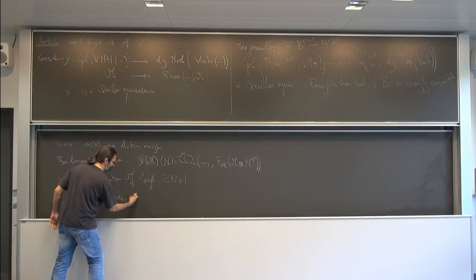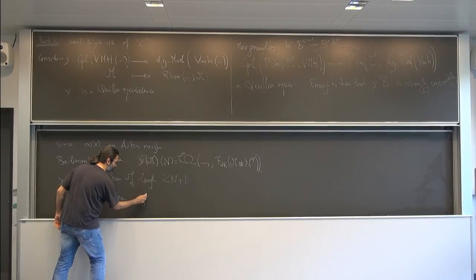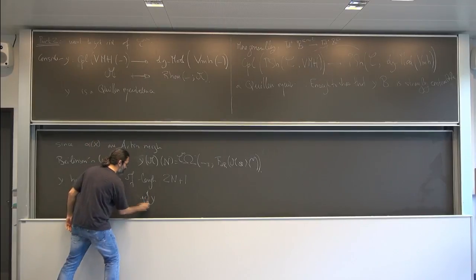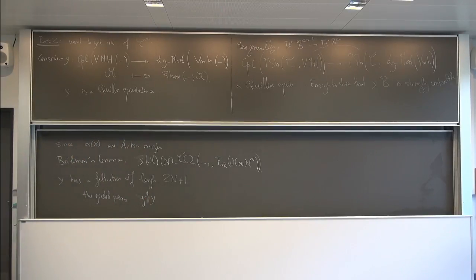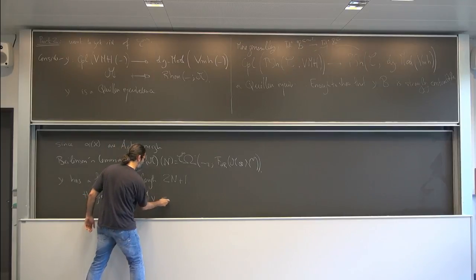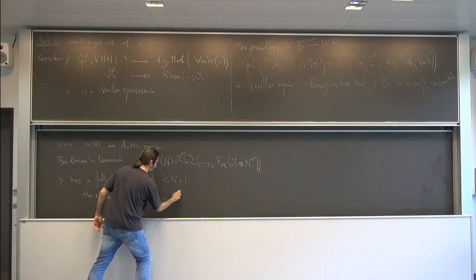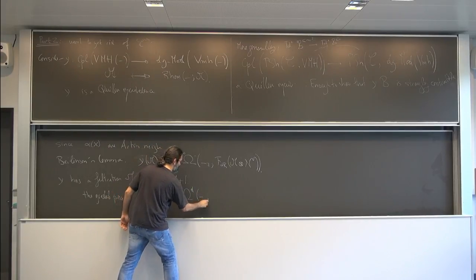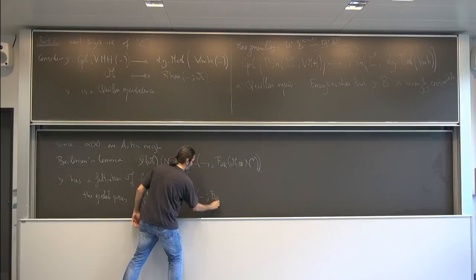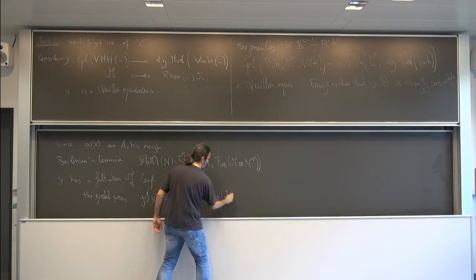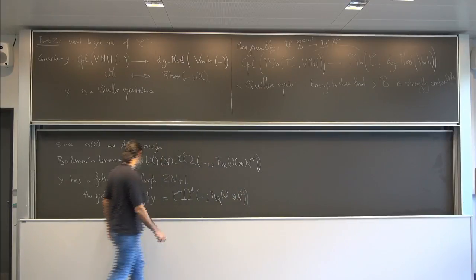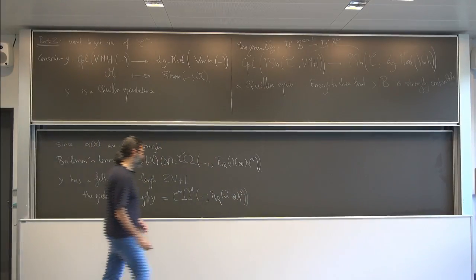Let me write them. Gr of Y. It looks like essentially a C infinity omega T of F to RHom, dual. And so it can be written as follows.